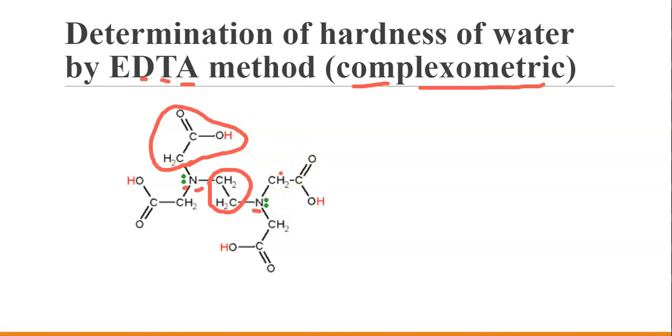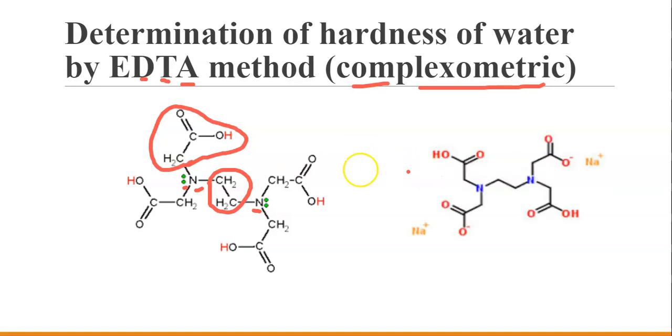Now, in this titration for determination of hardness, instead of using EDTA, we use its disodium salt. The structure of EDTA and its disodium salt is similar, the difference is that in the disodium salt of EDTA, two hydrogen atoms of two acetic acid groups are replaced by sodium ions.